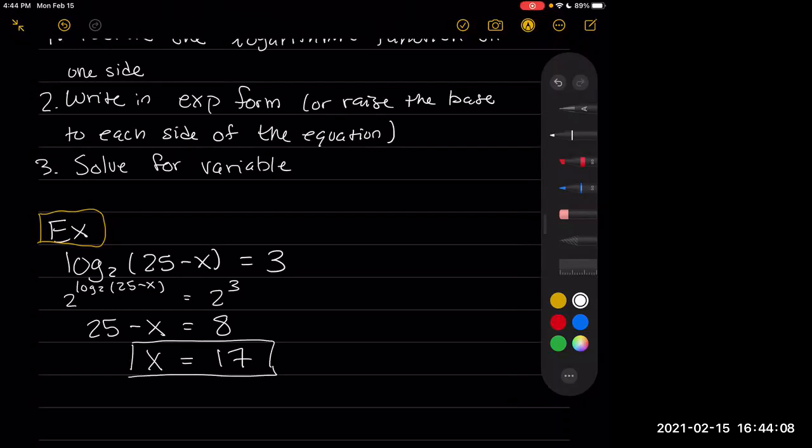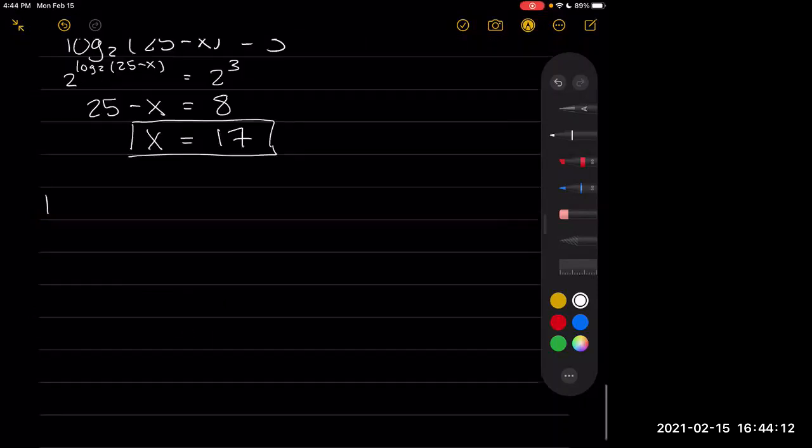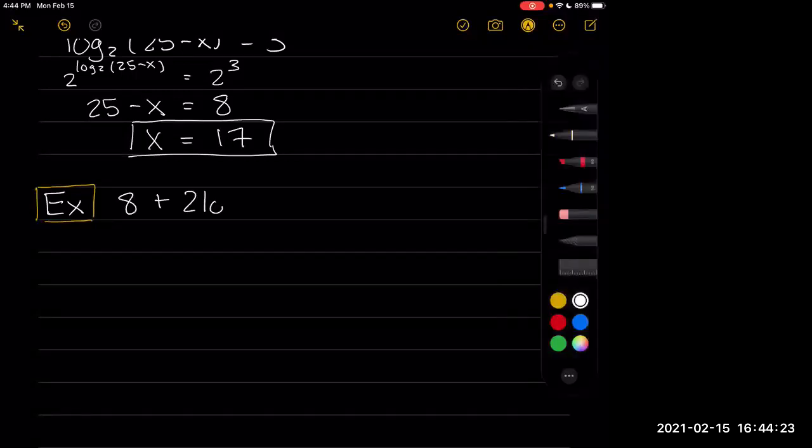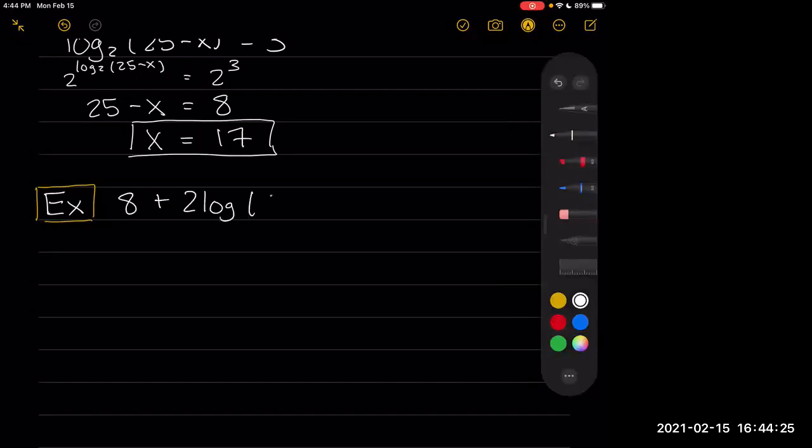Okay, and then another example. 8 plus 2 log of 5x equals 16. So first we need to subtract 8 from each side.